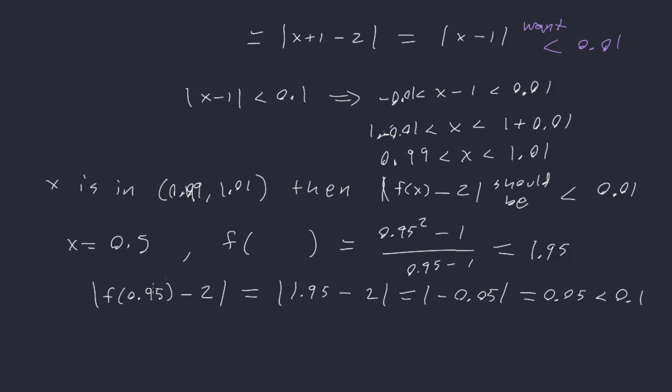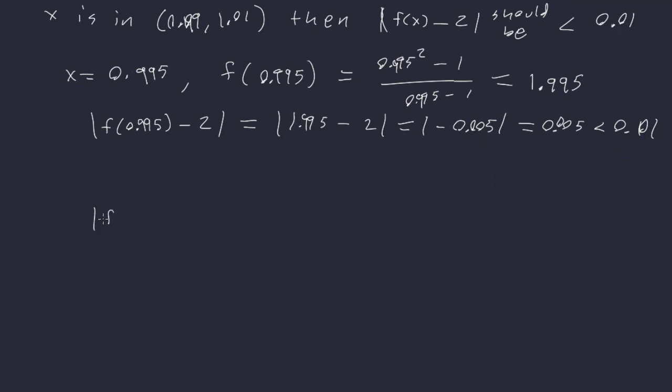Okay, so let's do 0.995. When we do that, we get 1.995. And so if we were to plug that in, we should get negative 0.005, which will be 0.005, which is less than the 0.01.